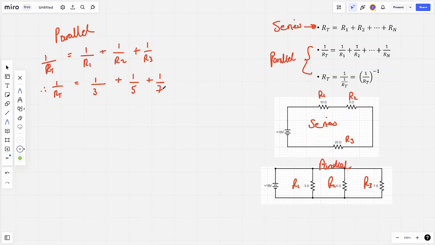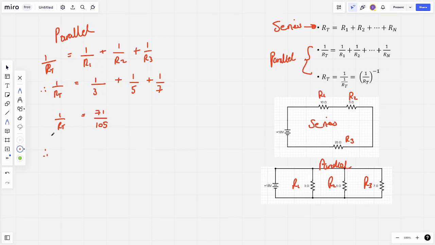If we calculate that, 1 over RT is equal to 71 over 105. Now, to get RT, again, we take the reciprocal. Can you see RT is the reciprocal of 1 over RT?